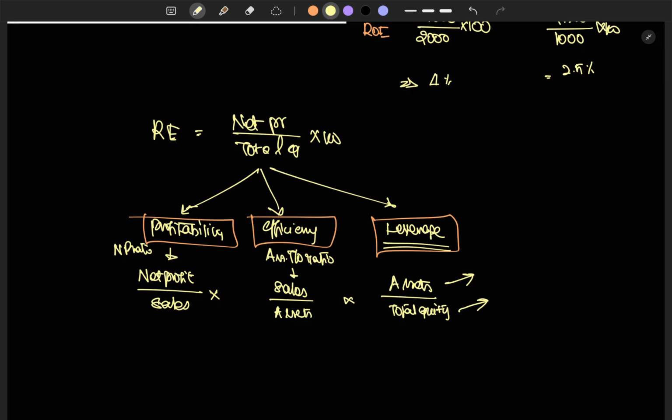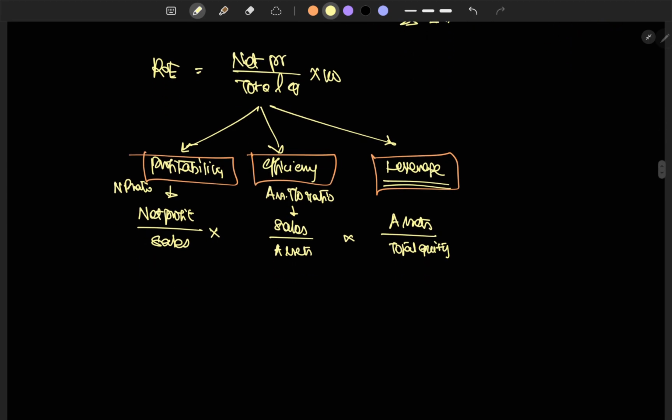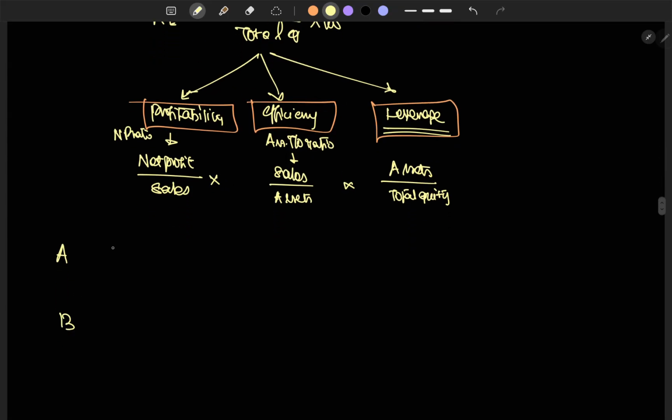By comparing all these, we can say that the company is using more debt, or is not properly utilizing its assets, or is not earning that much profit. These are the three ways we can split the ROE and analyze it.